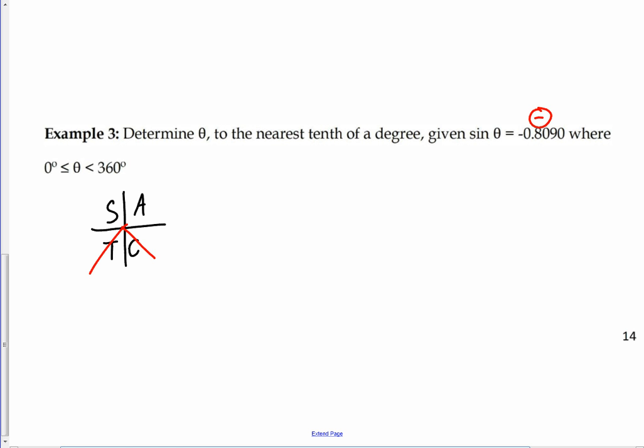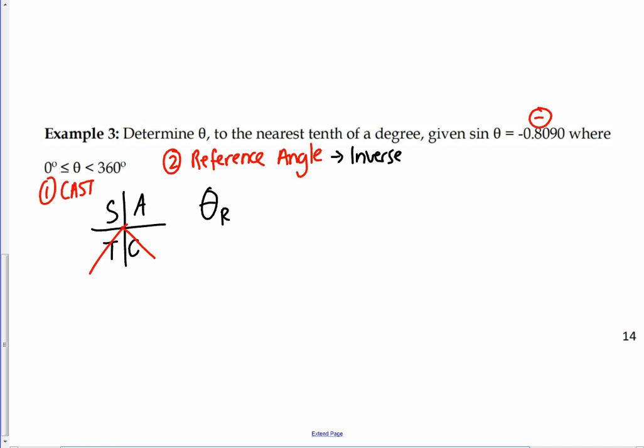So first step is CAST. What's the second step? Find our reference angle. And we find our reference angle by doing inverse sine. And what do we always put in? The positive ratio.